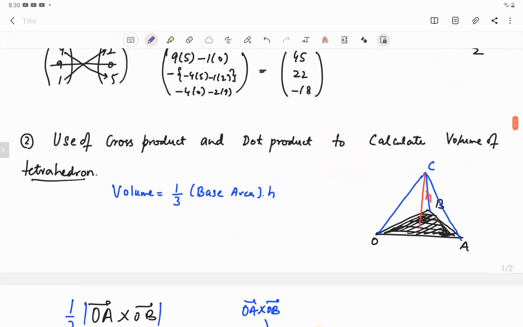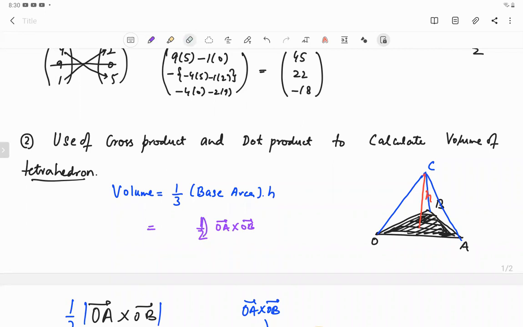In order to introduce this concept over here, you see, the base area, the black area, is equal to 1 by 2 OA cross OB. We remove its magnitude sign temporarily.